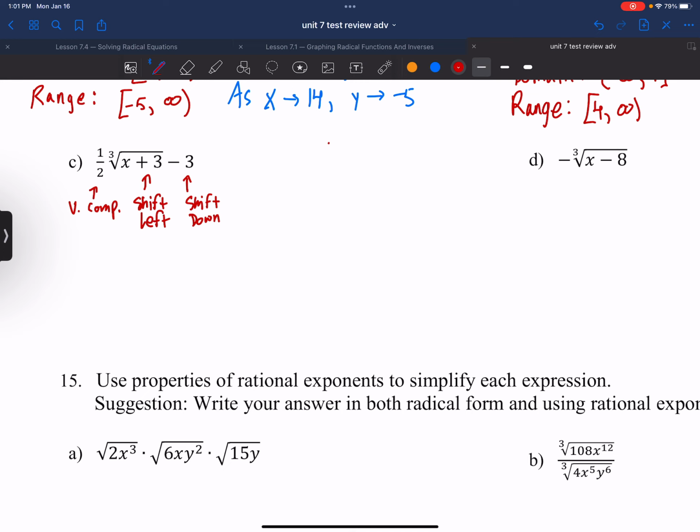So let's sketch our picture. It's shifted left 3, so say 1, 2, 3, and down 3, 1, 2, 3. So that isn't an endpoint because it's a cube root. It's an inflection point. And I know that the parent function for cube root looks something like this.